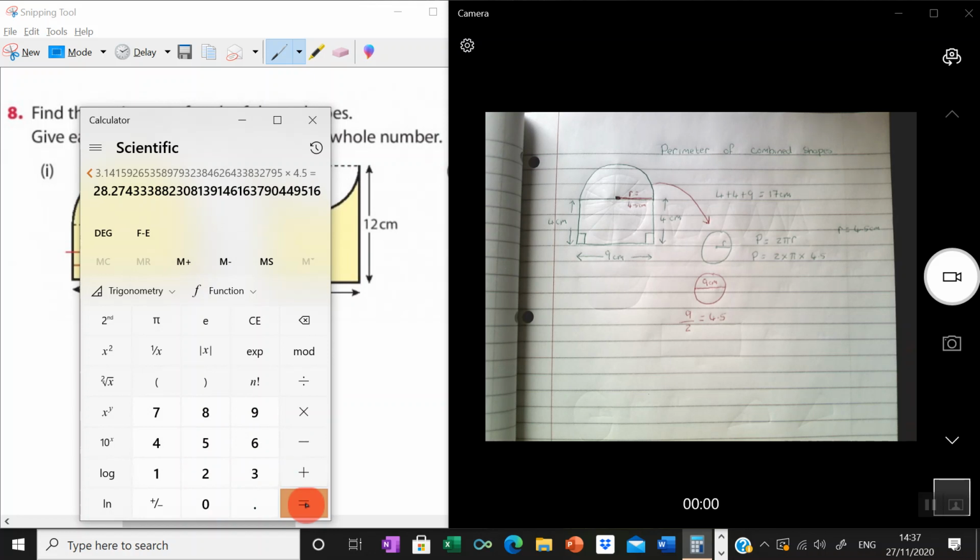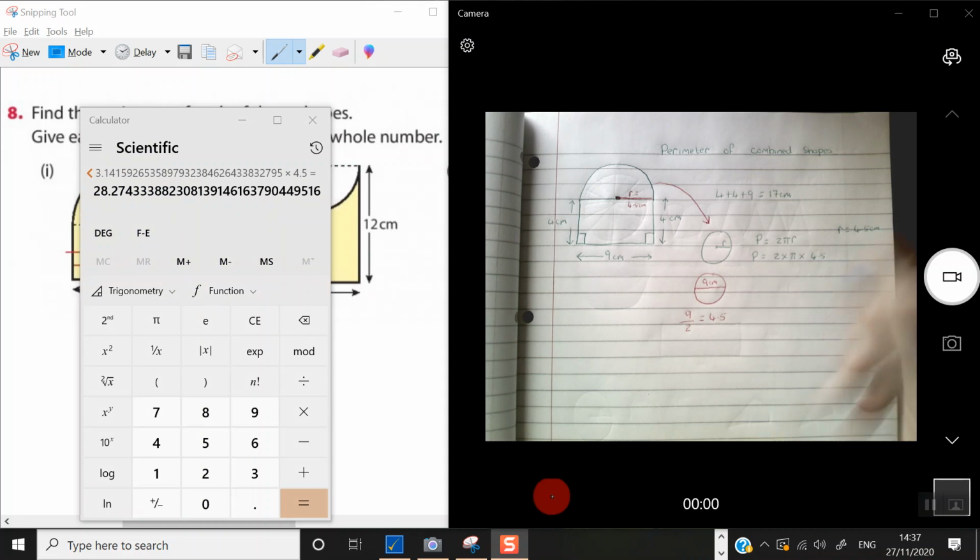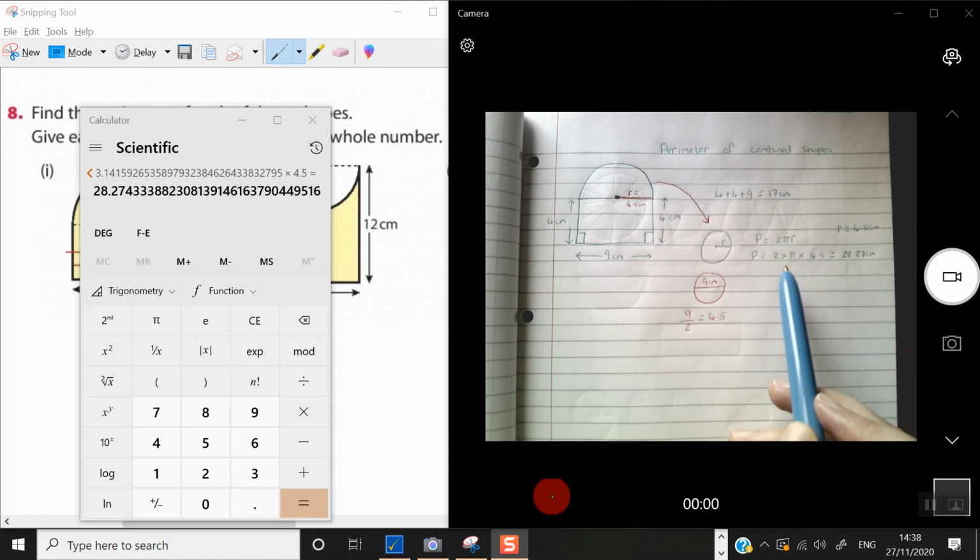So that's equal to 28.27. So this part works out to 28.27 centimeters. So this here would be the perimeter.